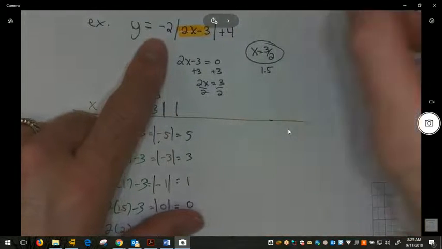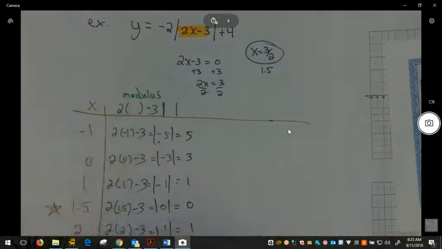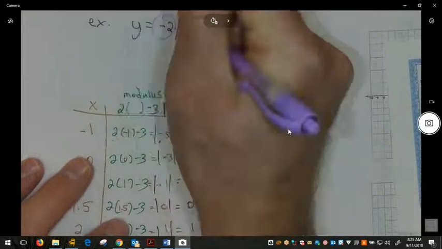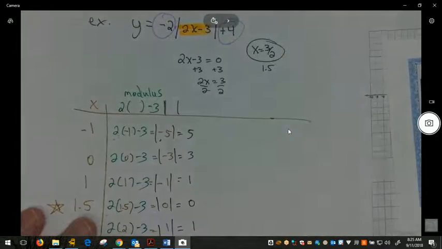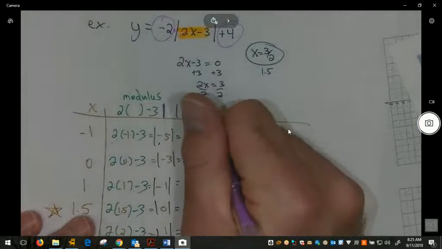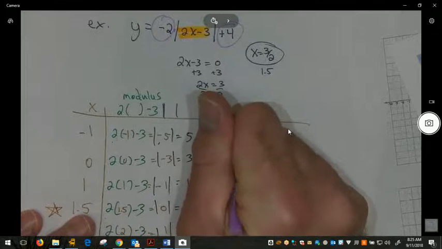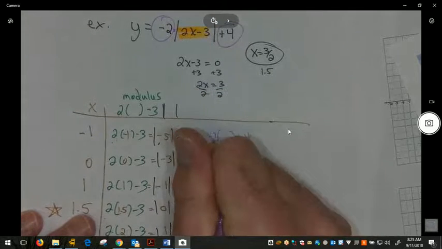Now we have 2 other operators out here: the multiplication of negative 2 with whatever number comes out of the absolute value, and the addition of 4. So we're going to take these numbers and multiply them by negative 2 and add 4.